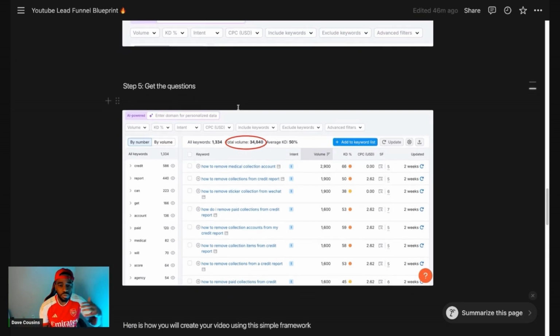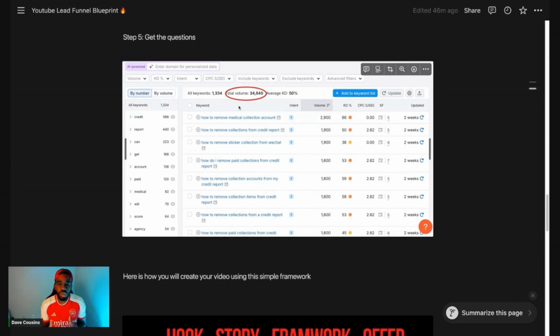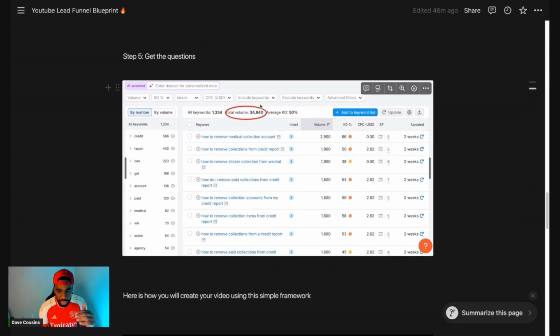Once you find the questions, there's a framework on how you want to leverage each specific question. But as you can see right here, in total volume, there are 34,000 people searching these specific questions every single month. 2,900 people are searching this one specific question, and 1,900 people are searching this one.